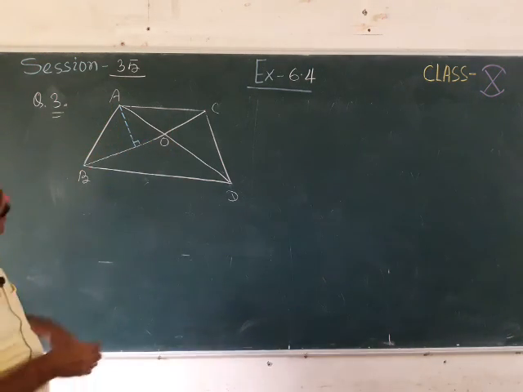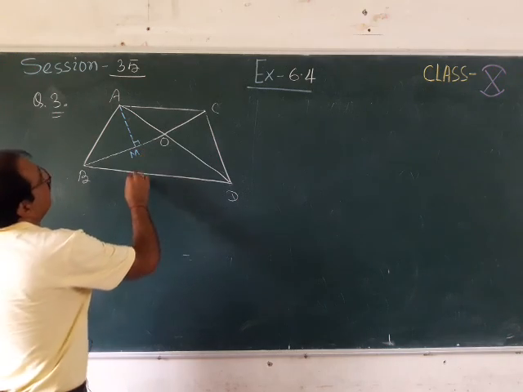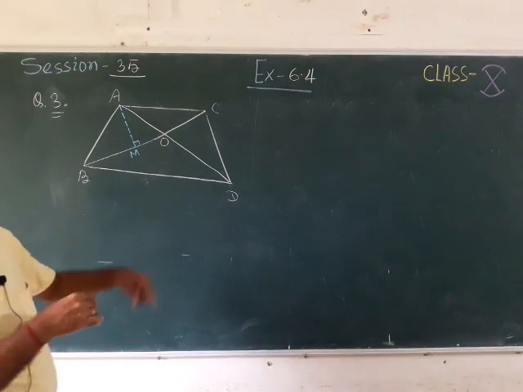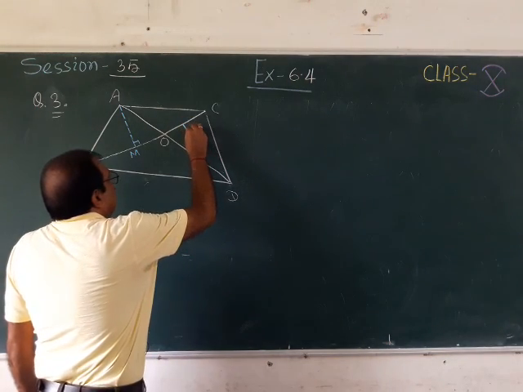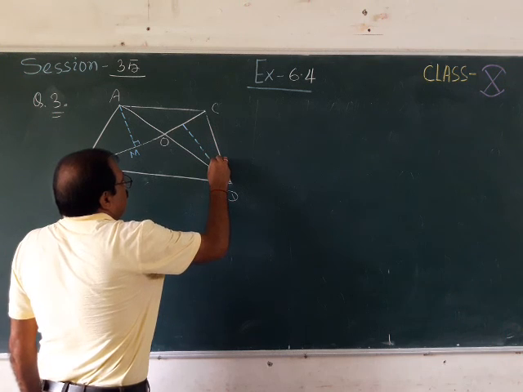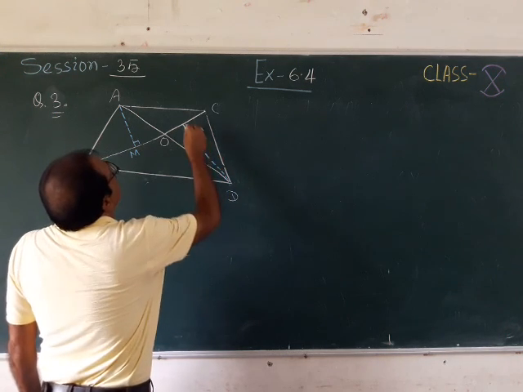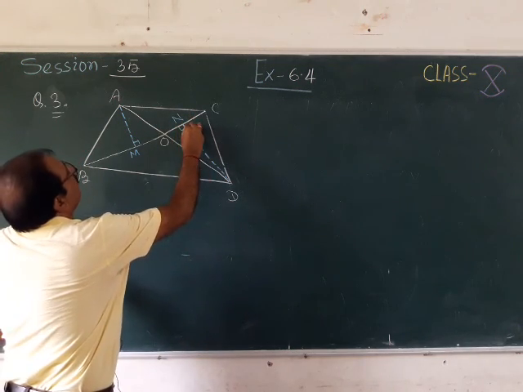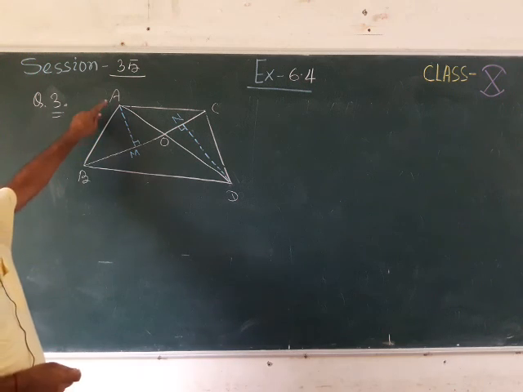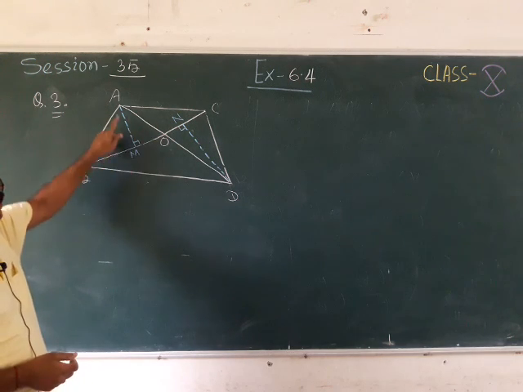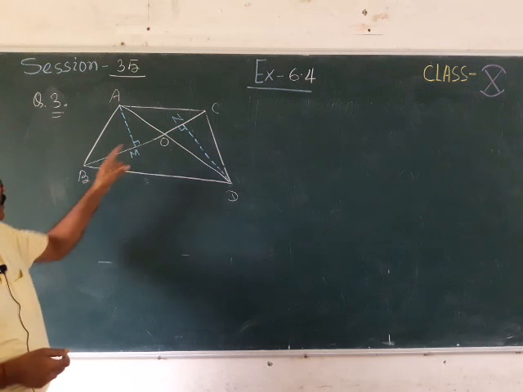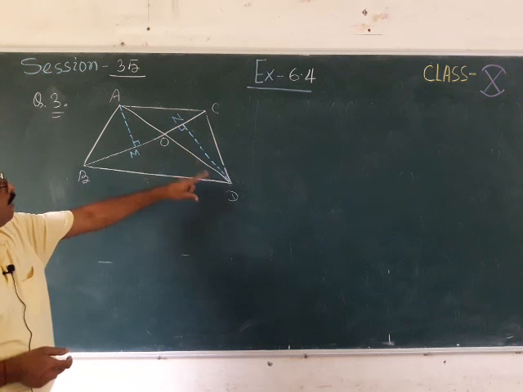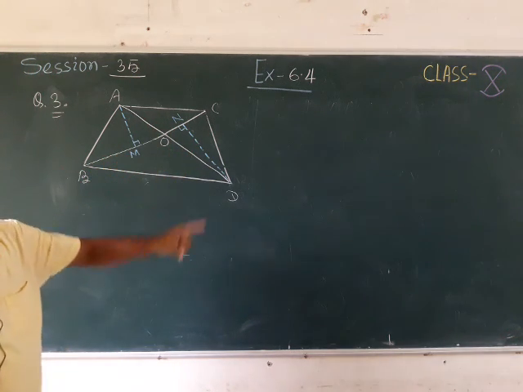From A, draw a perpendicular and name it AM, and another perpendicular from D on the same base, named DN. These two perpendiculars are drawn on the base BC.